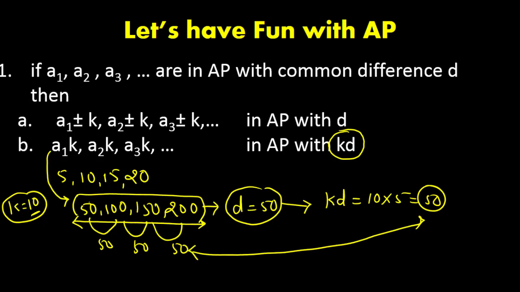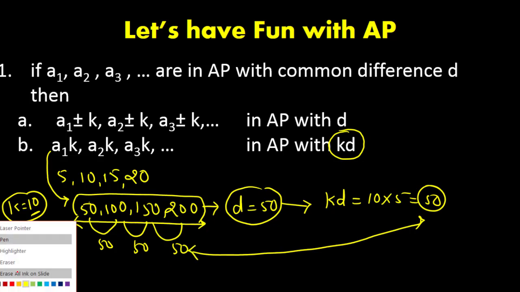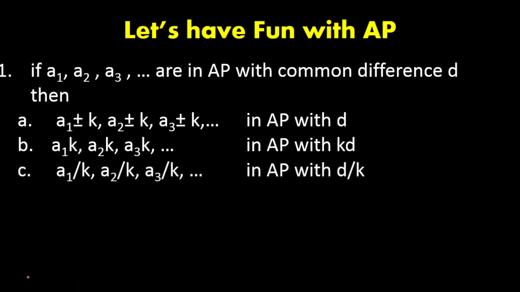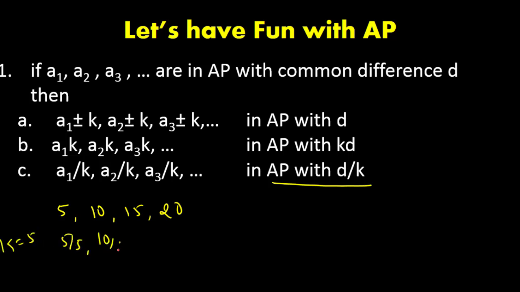Very good. The third property is a1 by k, a2 by k and a3 by k. Again your AP will have the common difference d by k. If you take the same example, 5, 10, 15 and 20, and let's say k is 5, then 5 by 5, 10 by 5, 15 by 5 and 20 by 5.